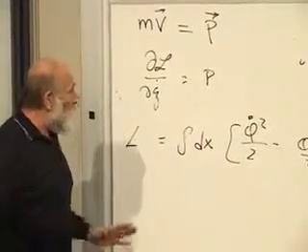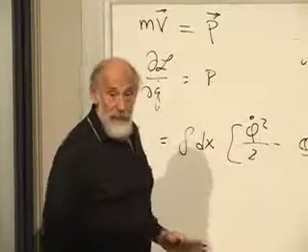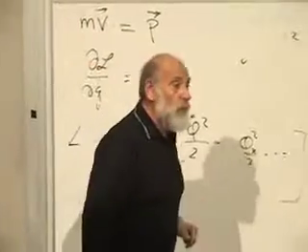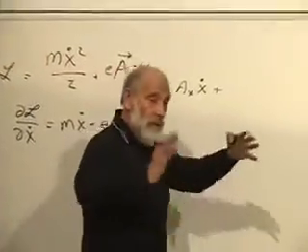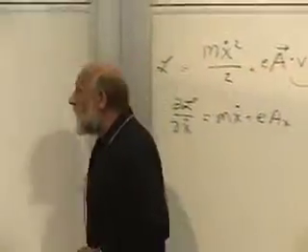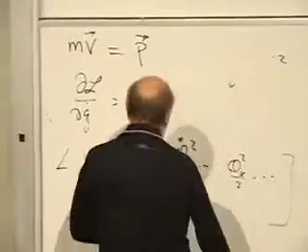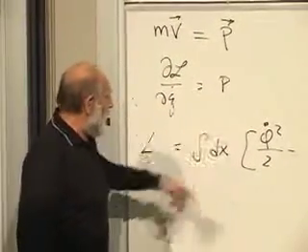That's the canonical momentum conjugate to phi. So it's quite a different concept. It has nothing to do with translation symmetry, nothing to do with spatial translation symmetry. It has only to do with the field phi. Okay? So what is that canonical momentum?